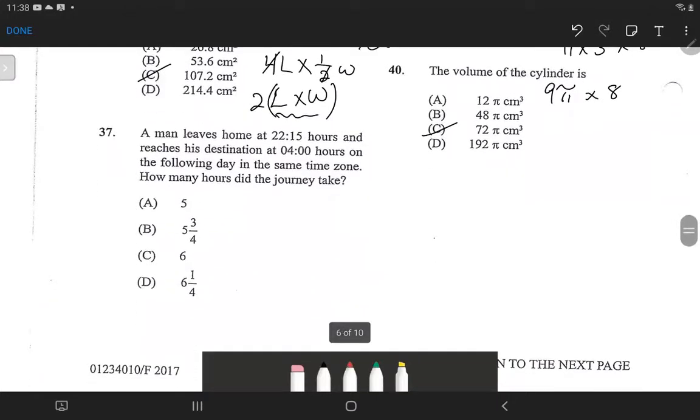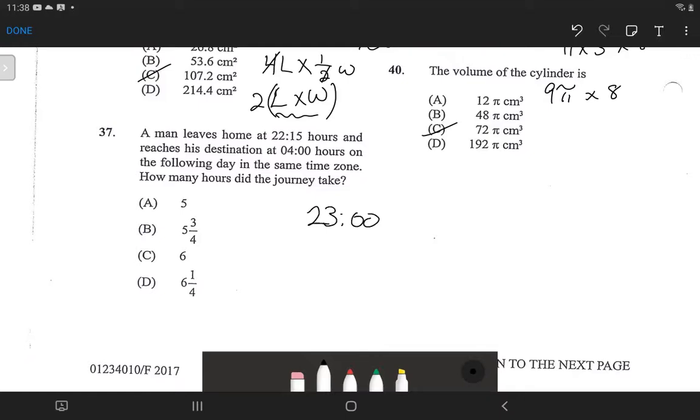A man leaves home at 2215 hours and reaches his destination at 400 hours on the following day in the same time zone. How many hours did the journey take? Well, we could start our counting at 2300 hours and just add in the 3/4 hours after to get to that value.